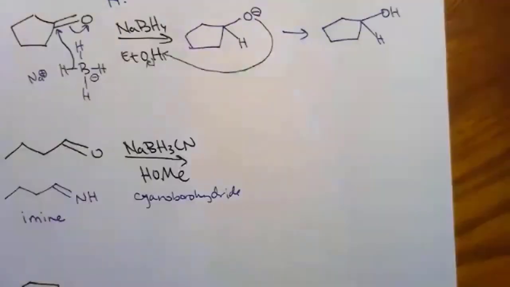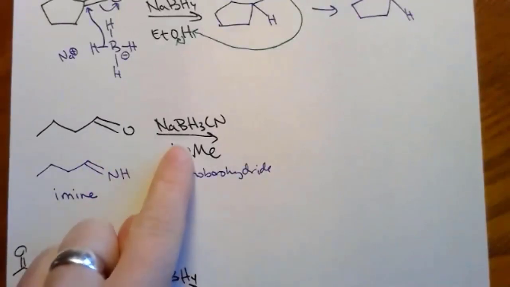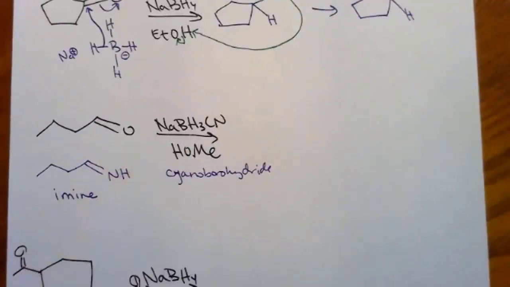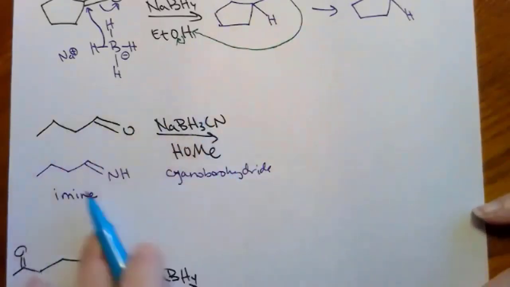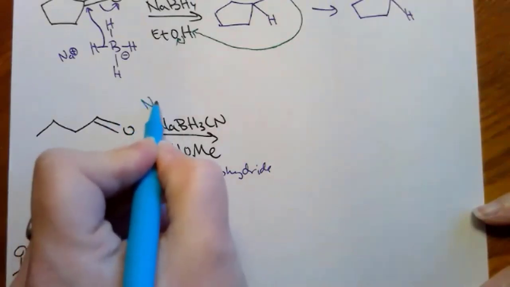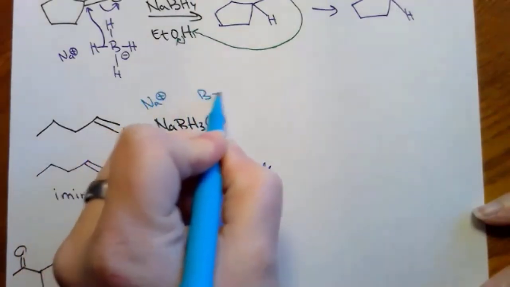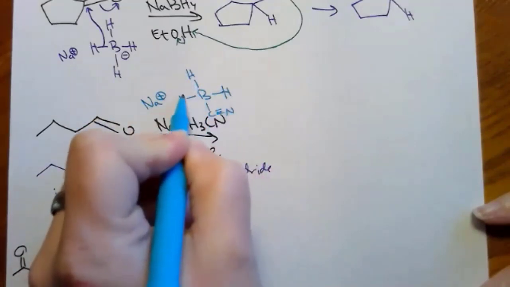So, back to where we were. Aldehydes cannot be reduced by this. It's too weak, actually. So, we're going to pretend all of this is stirring together in a reaction flask for a reason we will see soon. And sodium cyanoborohydride is only capable of reducing this. So we got an Na plus, a B with 3 H's, and a cyanide.